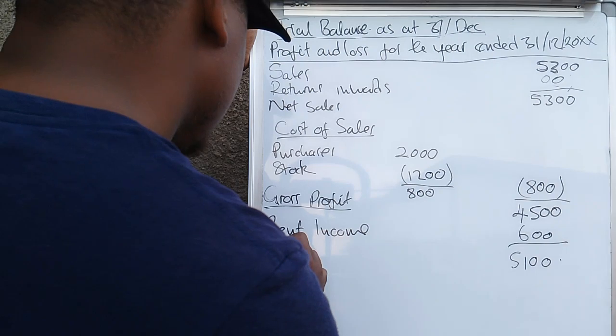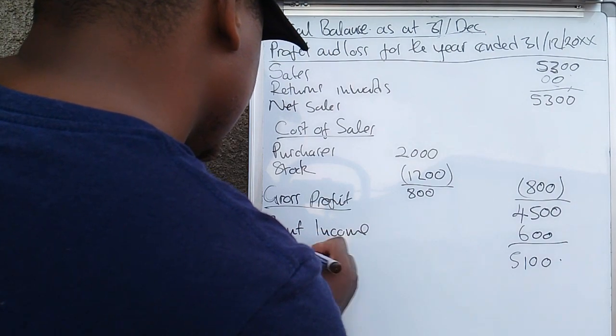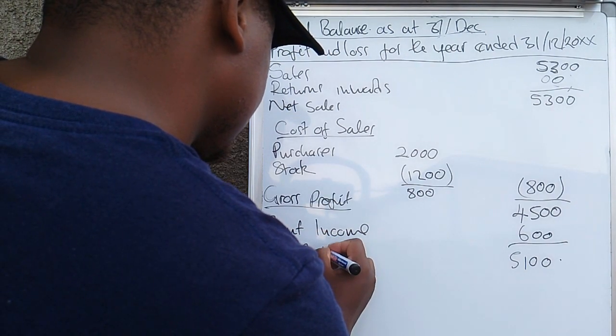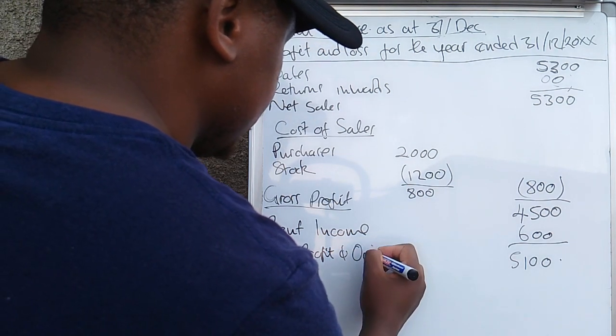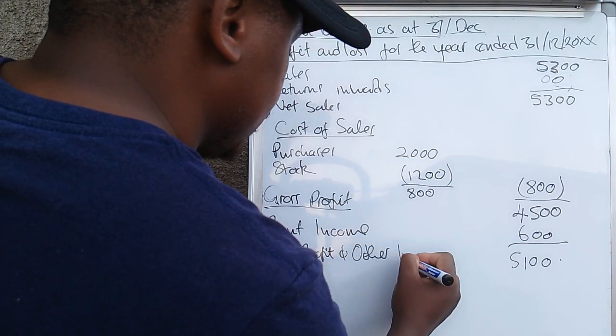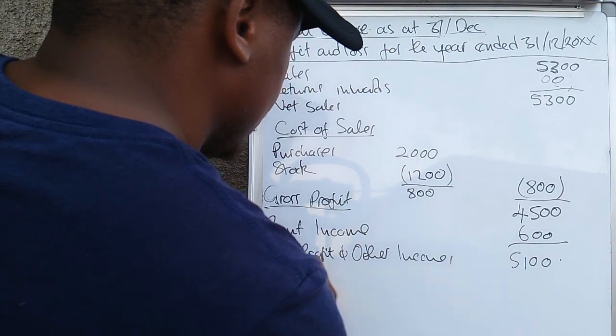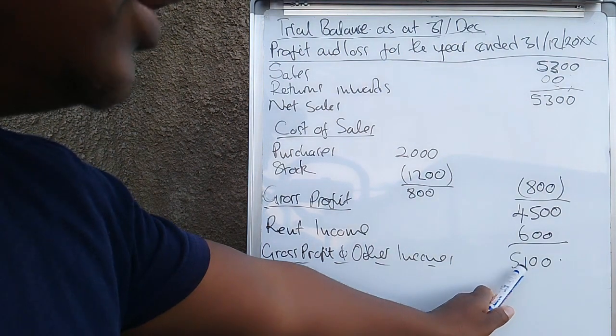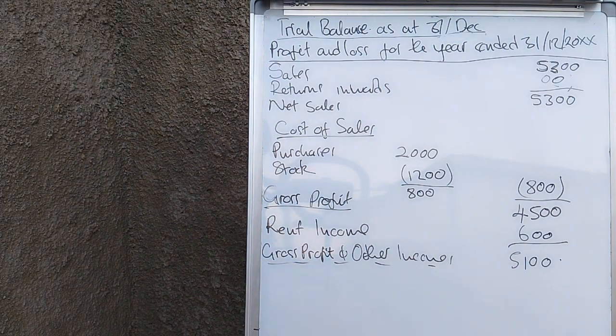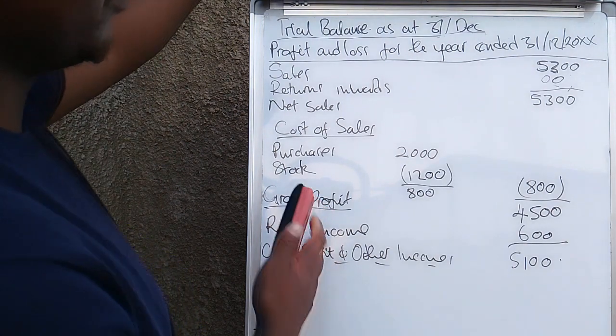This is gross profit and other incomes. Okay, now we have gross profit and other incomes as 5,100. We can now move to the expenses portion. So I'll just wrap this and create some space for us.